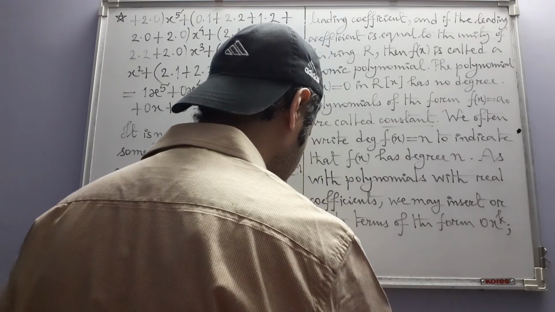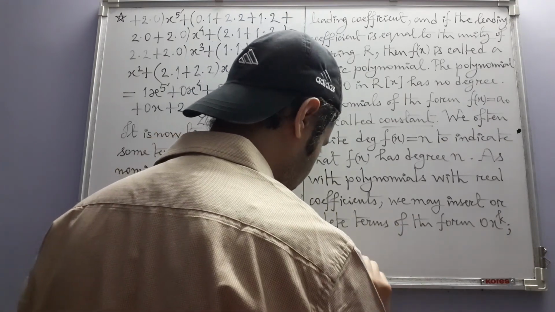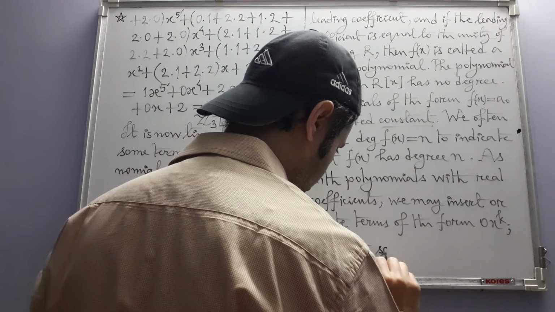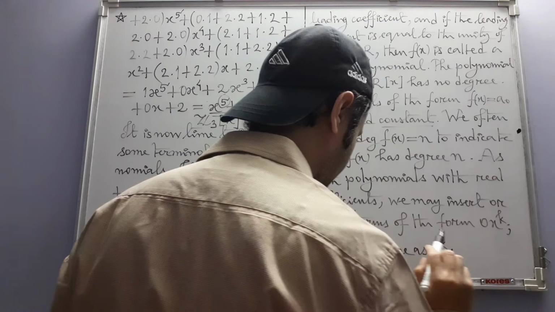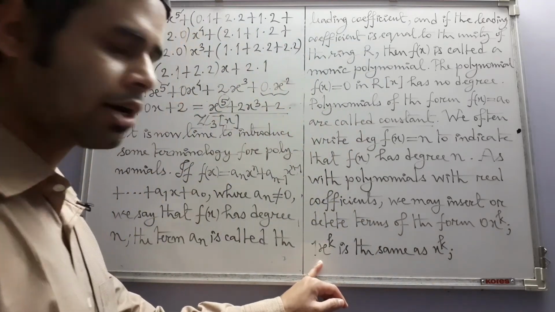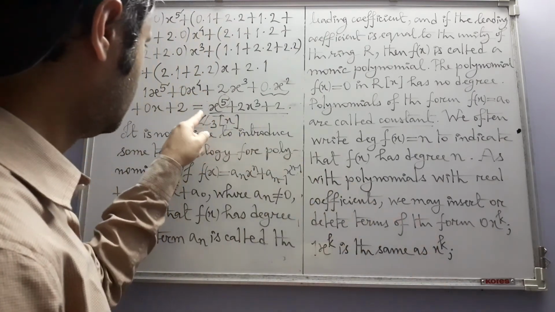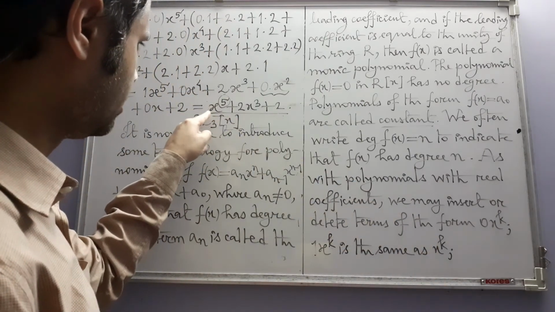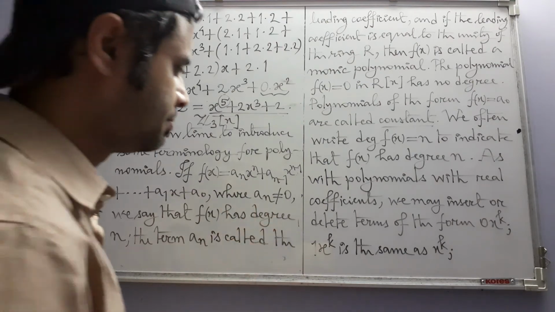1 times x to the power k is the same as x to the power k. Ideally we should write the 1 here, but if we follow this convention, instead of writing 1 here, we can choose to not write 1. It means that there is 1.